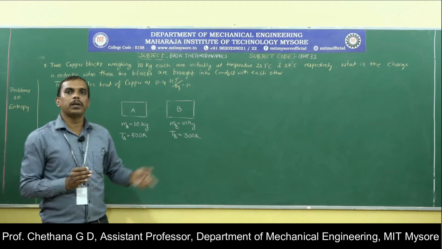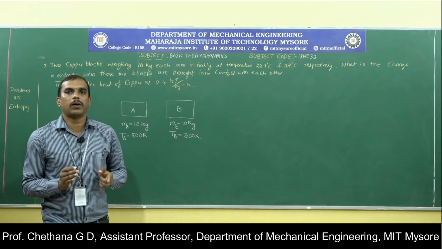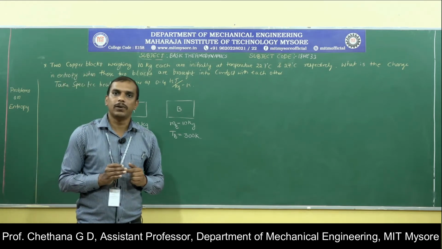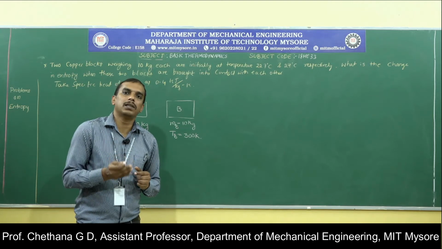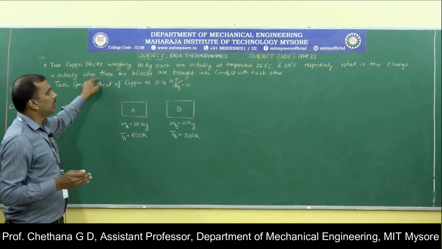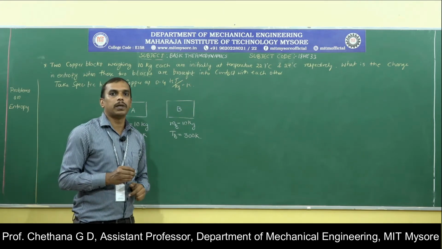If that is happening, there is a change in entropy, because after all change in entropy is given by delta Q by T. So whenever there is heat transfer, there is a change in entropy. What we are interested in is, when these two blocks are brought in contact, what is the change in entropy?